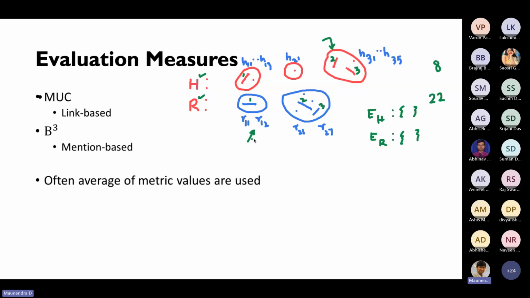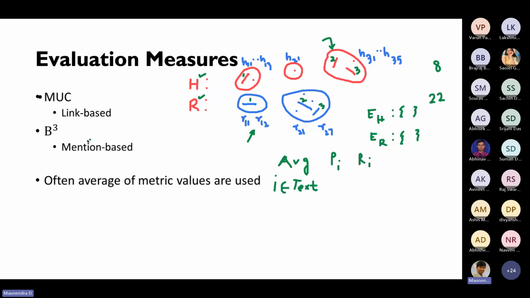And then you can do an average of the scores, so average over all mentions I in the input text. So you take the average precision for each mention I, and similarly the average recall for each mention I. Then based on these average precisions and average recalls, you compute the F measure.